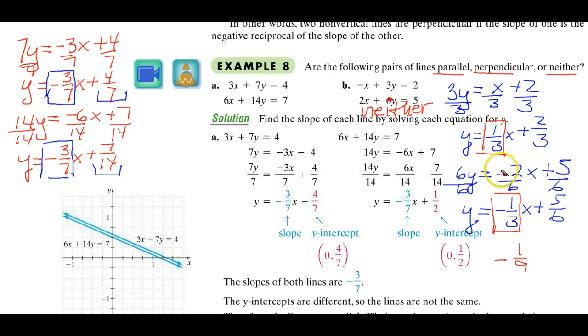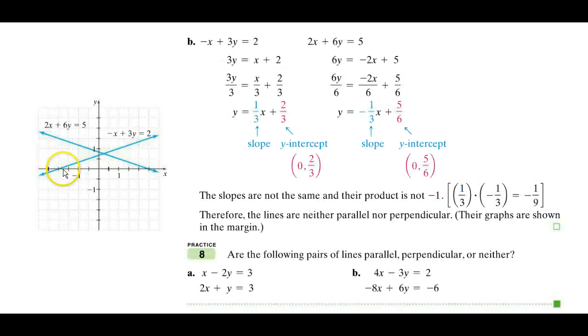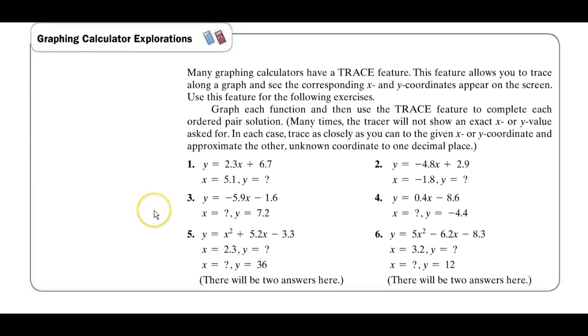Now this one's a little tricky because you say, well, wait a minute, they're the same slope. No, one's positive and one's negative, so they're not the same. Here the slopes were both negative and the same. Okay, so if you were to graph letter B, one's positive and one's negative, but they're not perpendicular. That's why it's neither. Okay, I believe this wraps it up.